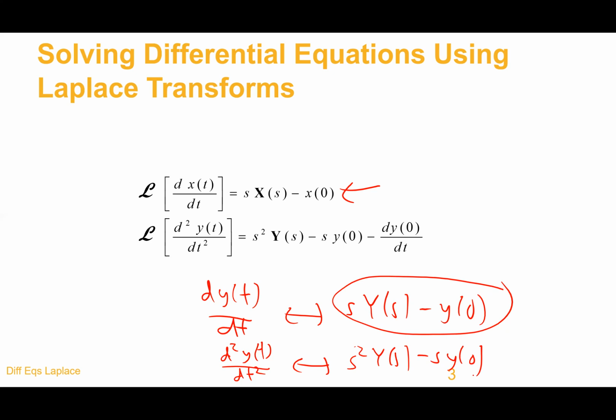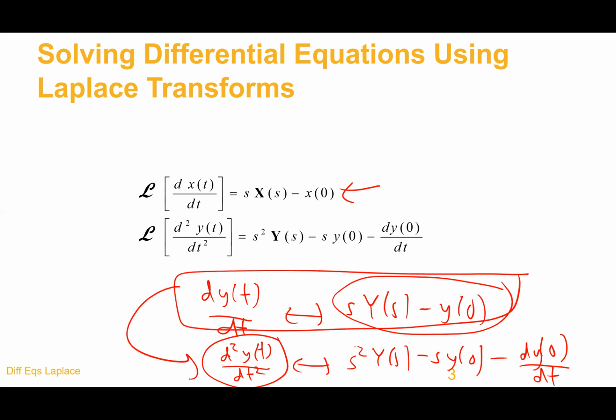And then you need to subtract the initial value of the thing whose first derivative you're taking. Here we're taking two derivatives, so we're taking the first derivative of the derivative. So you need to subtract dy(0)/dt. All I'm trying to explain is that if you have this formula, you can get this formula from it.